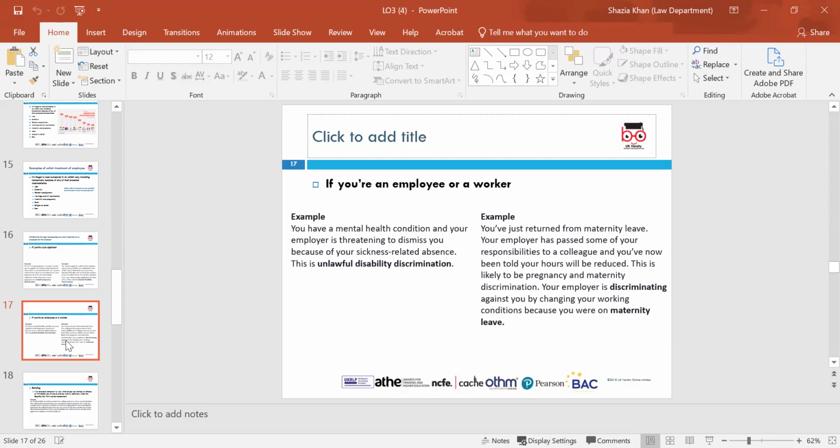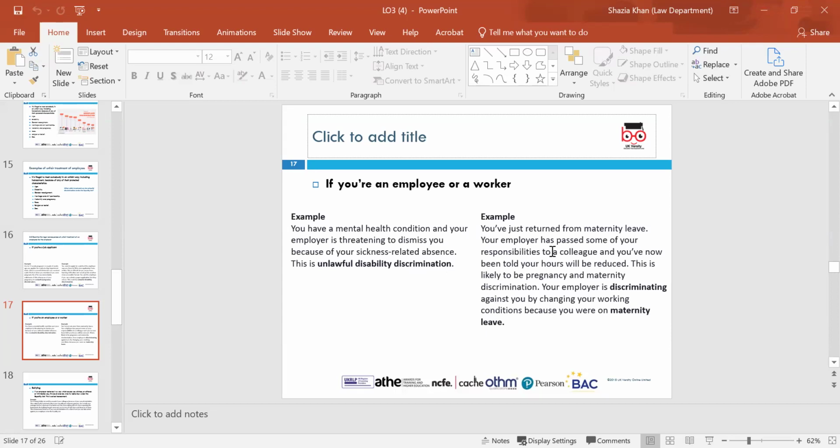Another example, you have a mental health condition and your employer is threatening to dismiss you because of your sickness-related absence. This is unlawful disability discrimination.